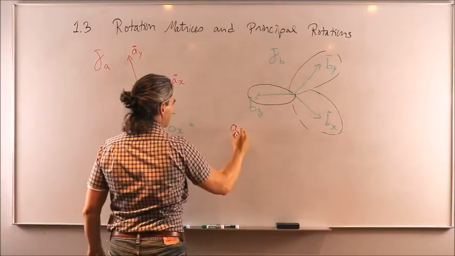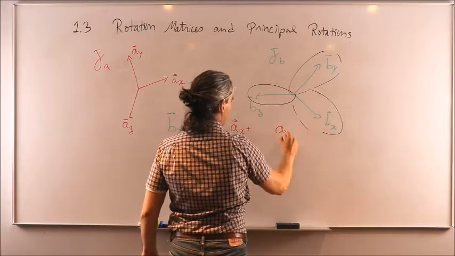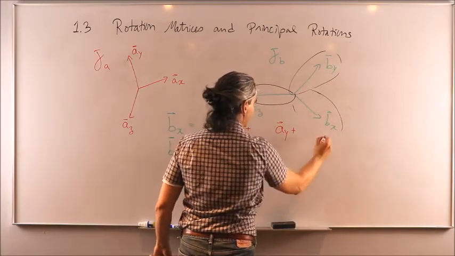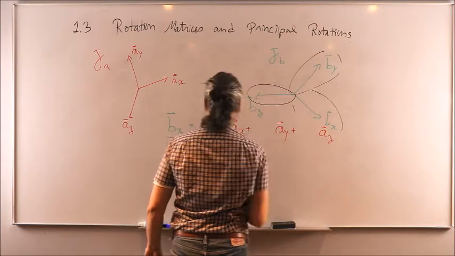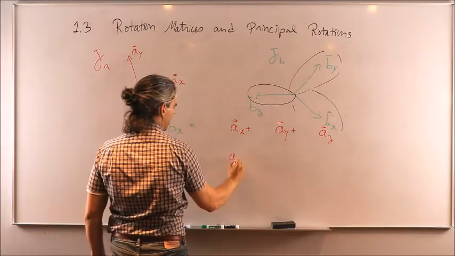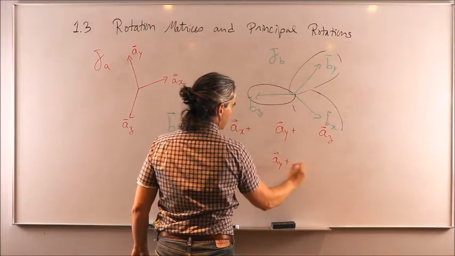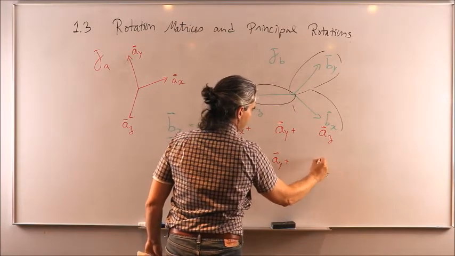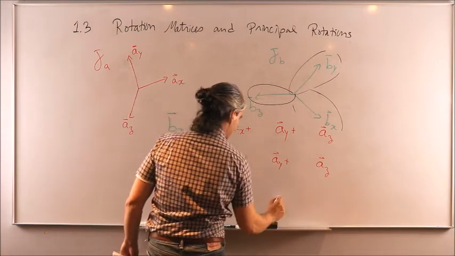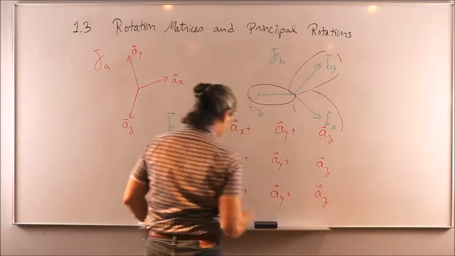I'm going to say in terms of something times Ax plus something times Ay plus something times Az. And same for By, we're going to rewrite that vector in terms of Ax, Ay, and Az. And same for Bz, something times Ax plus something times Ay plus something times Az. Okay?